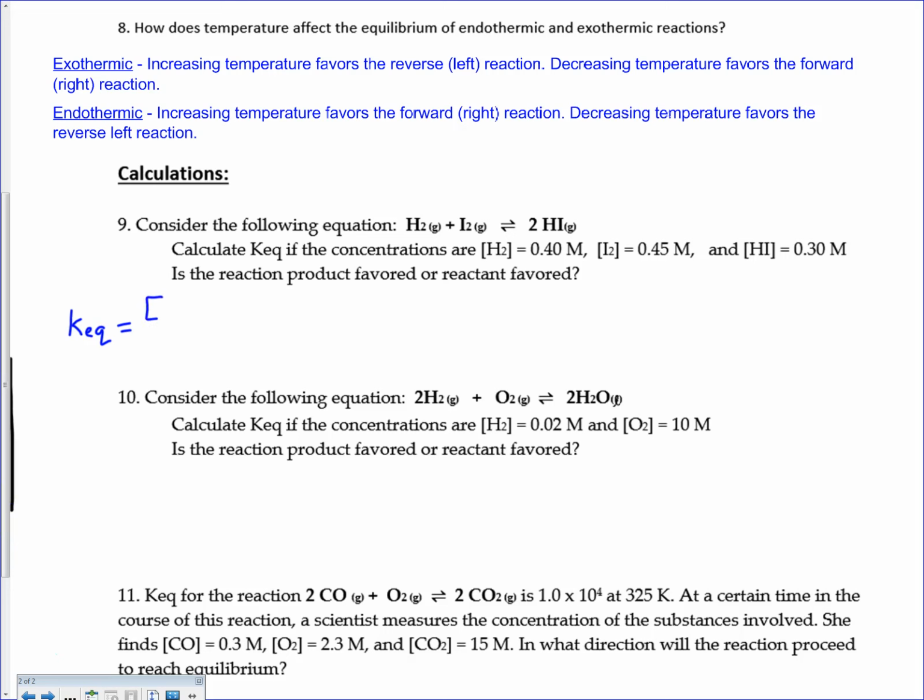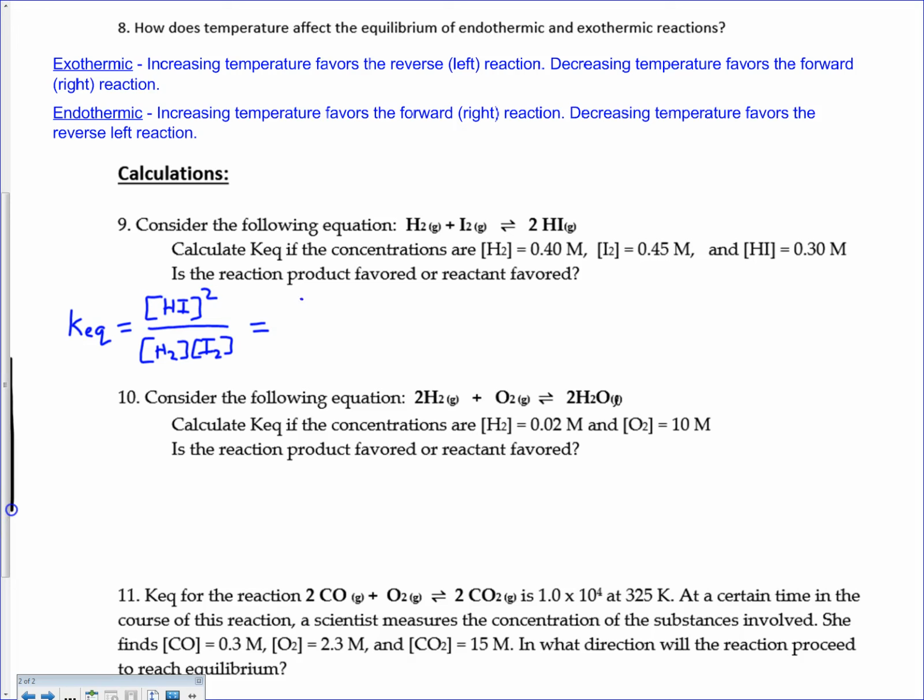So we put the products on top. That's HI is the product there, and it is squared over the reactants, concentration of H2 and concentration of I2. Those both have coefficients of 1, and so they're not to any power. We plug the numbers in there.